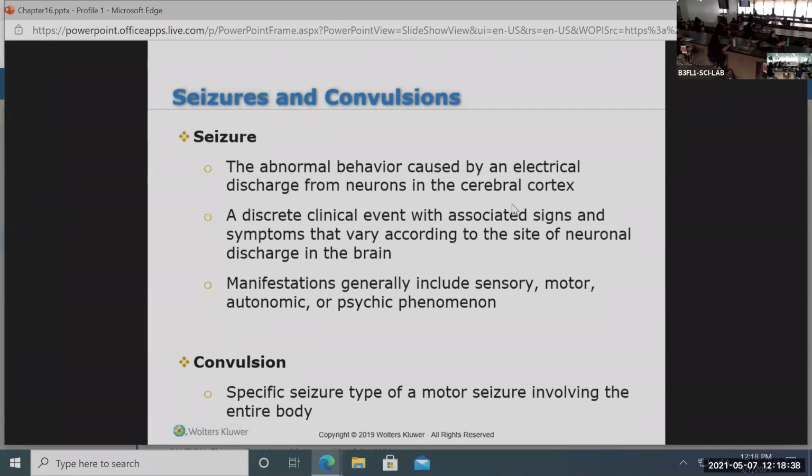As for the convulsion, it is a specific seizure type, a motor seizure involving the entire body. Sometimes in a seizure, we see only a part of the body moving. Convulsion is the whole body shaking. That is convulsion.